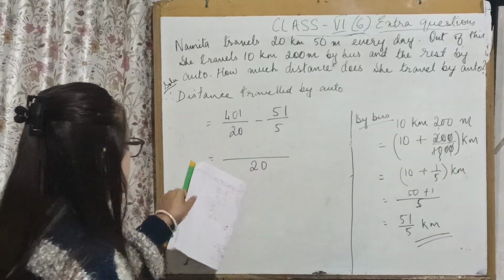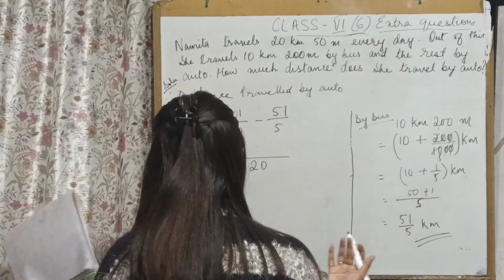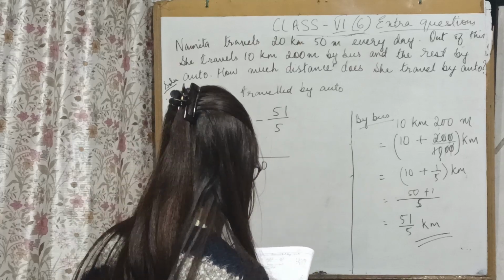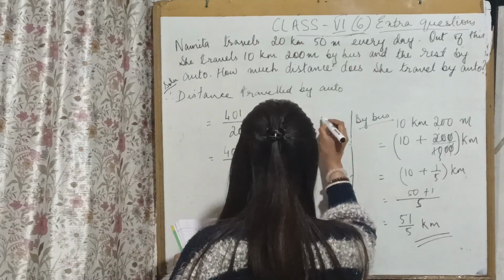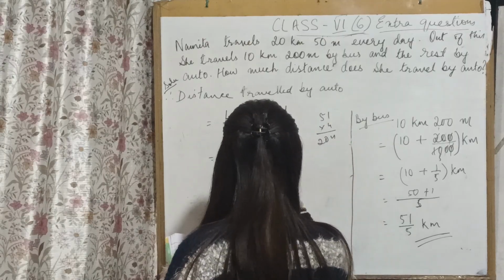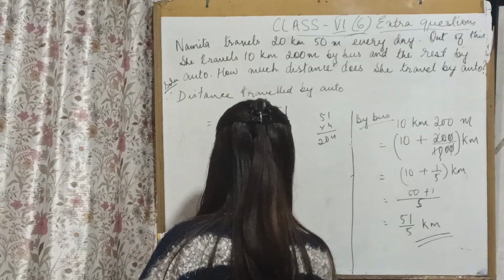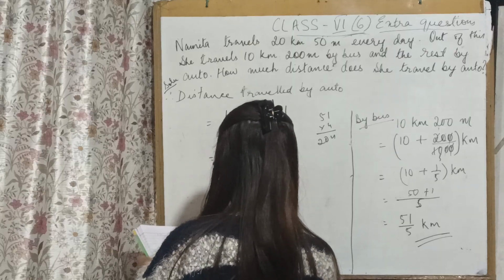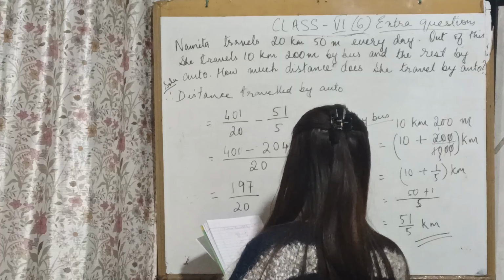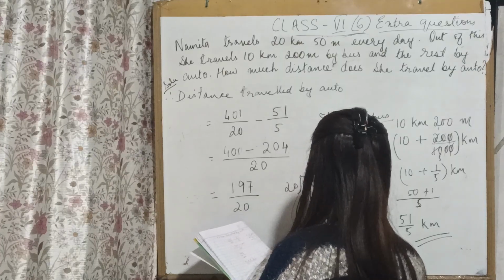So this is 20, this is 20. 20 into what gives you 20? 1s are. 1 into 401 is the same. 5 into what is 20? 4s are. 4 into 51 is 204, hai na? So 401 minus 204 is 197 by 20. So now when you divide 197, 20 into 9 gives you 180.